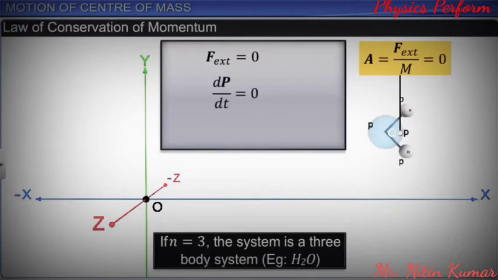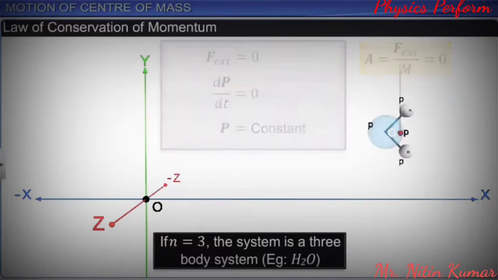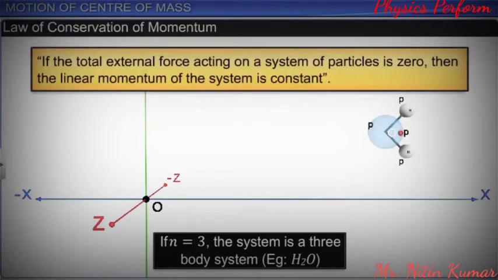This is the law of conservation of momentum applicable to a system of particles, which states that if the total external force acting on a system of particles is 0, then the linear momentum of the system is constant.